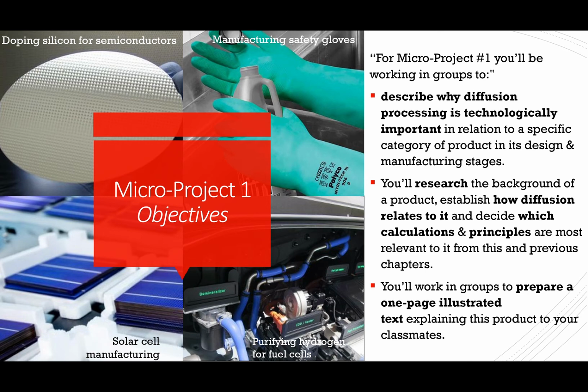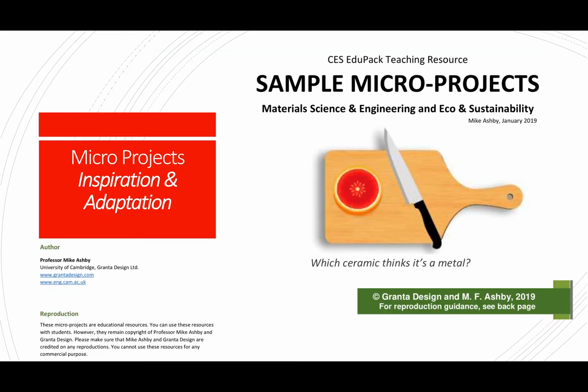For example, micro project number 1, which was in the first part of the course, was on diffusion and the technological importance of diffusion. I got the idea from Professor Mike Ashby from Cambridge, and this is in fact the information from this company.